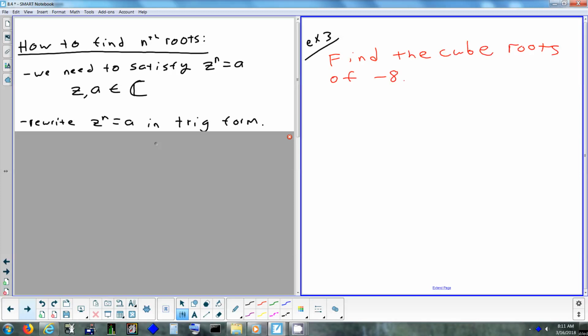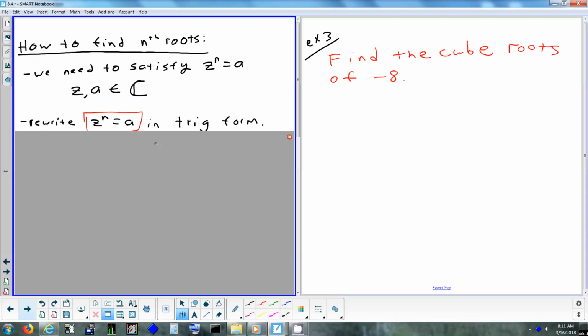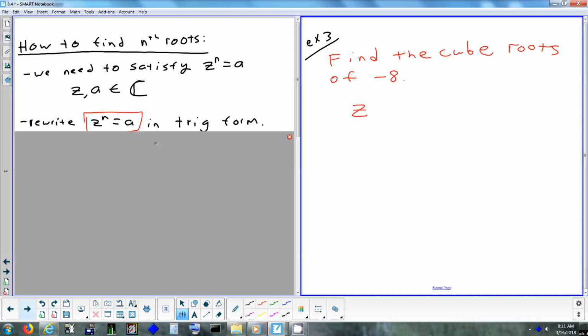So I'm going to set up that equation. z is just going to stay as a z for now, and the exponent is the root you're taking. We're doing a cube root, and what are we taking the cube root of? -8. If you can solve that equation, you will have figured out the cube roots of -8.